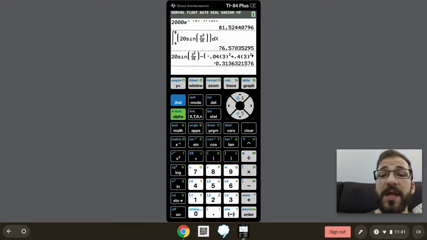It's that big old mess. So we get negative 0.314.